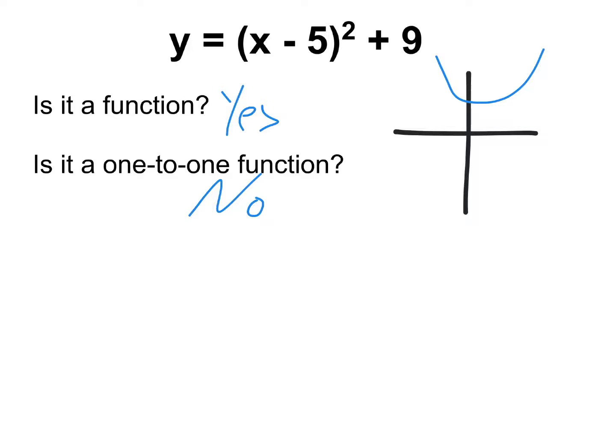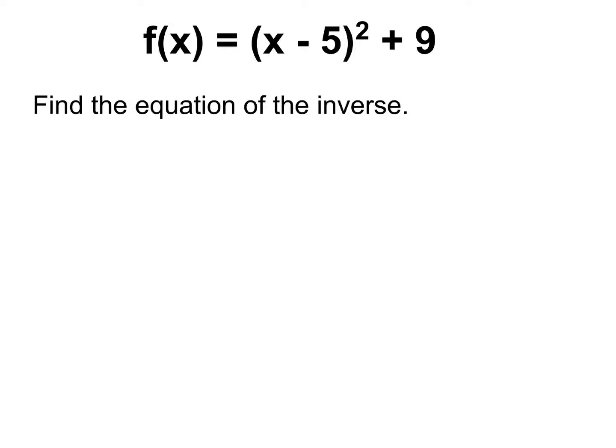One of the nice things about one-to-one functions is that we do a lot more work with their inverses. Now, this one may not be one-to-one, but we're still going to find the inverse of it because we could use a little bit of that practice and remember how we do the inverse. So please write down that equation and do the work to find the equation of the inverse.